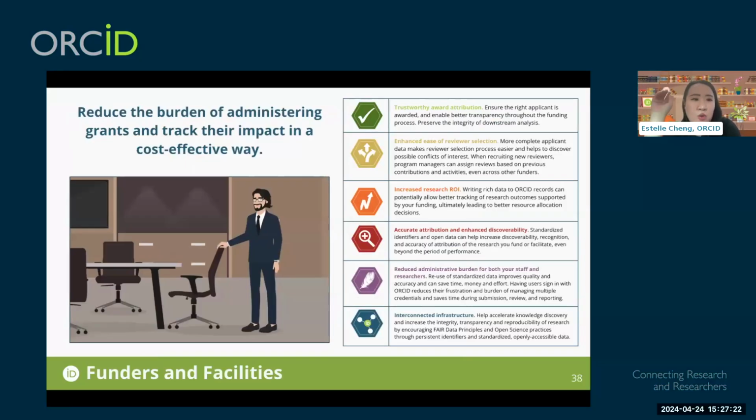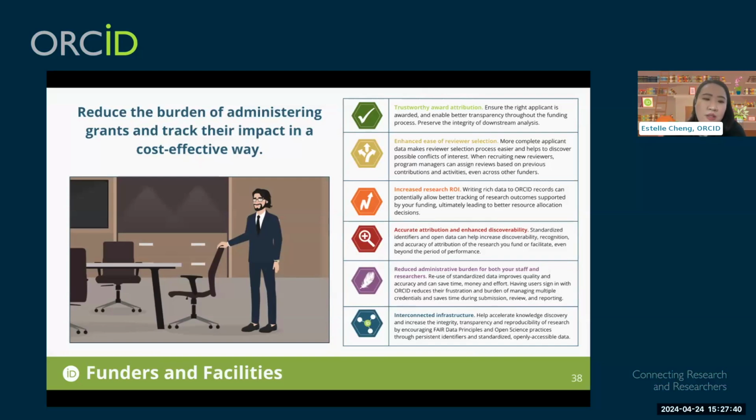And from now on, I want to also talk a bit more about higher level people, funders or government policymakers. So funders, one of the top things on their mind is to reduce the burden of administering grants and track their impact in a cost-effective way.